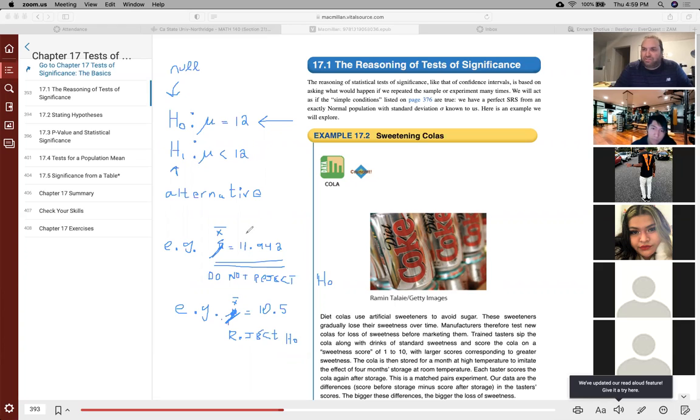So there's a range of values where I reject the null hypothesis, and then there's a range of values where I do not reject the null hypothesis. There's some number where I'm going to switch from rejecting to not rejecting. And it can't be a different number for everyone.